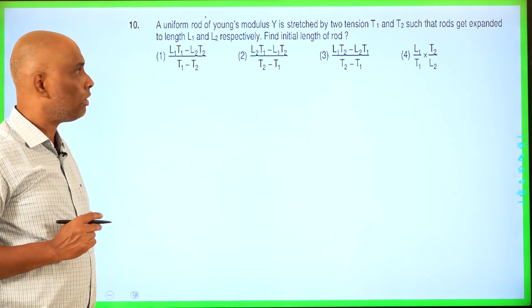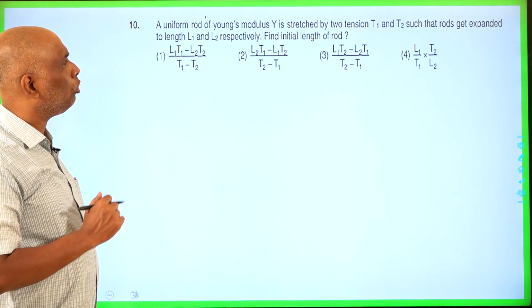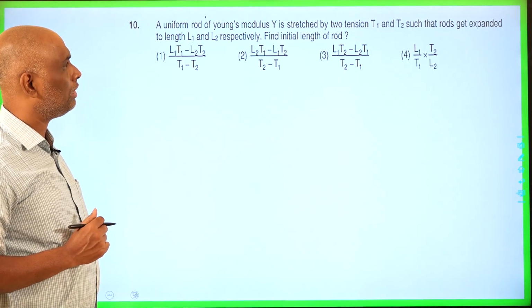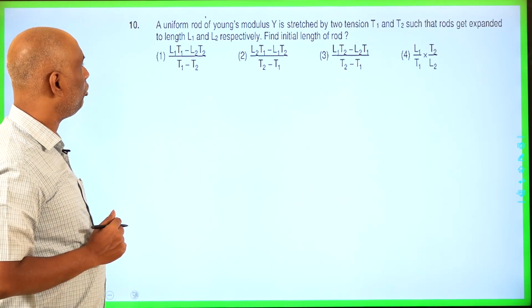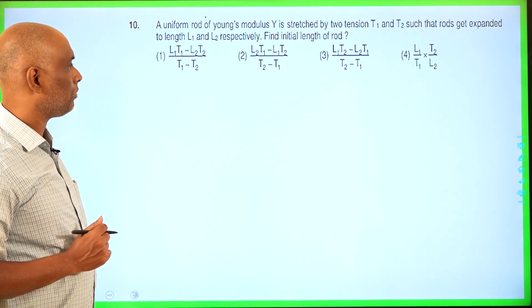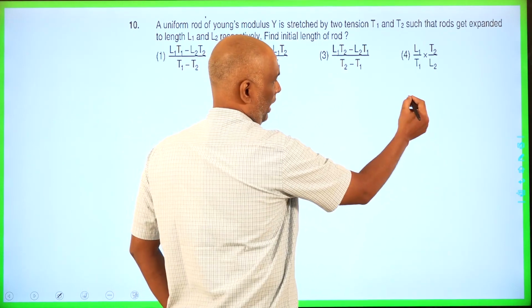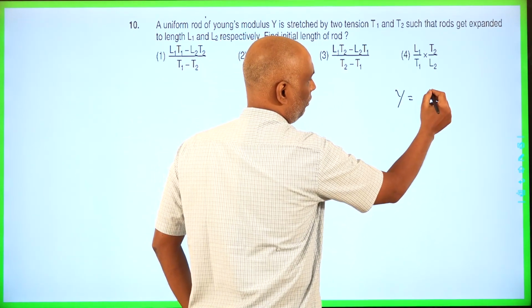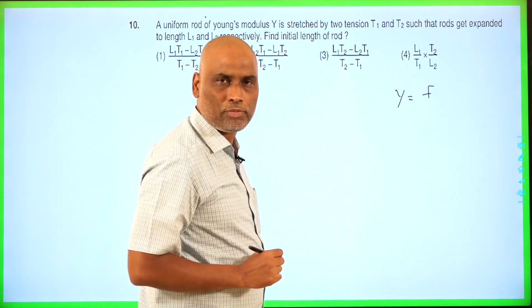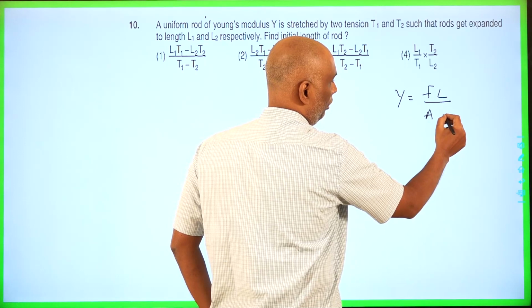10th question. A uniform rod of Young's modulus Y is stretched by two tensions T1 and T2 such that the rod gets expanded to lengths L1 and L2 respectively. Find the initial length of the rod. So, here when I want to calculate the initial length of the rod, I will consider the equation Y equals force applied F into length divided by area into elongation.